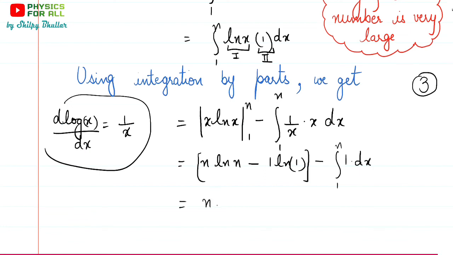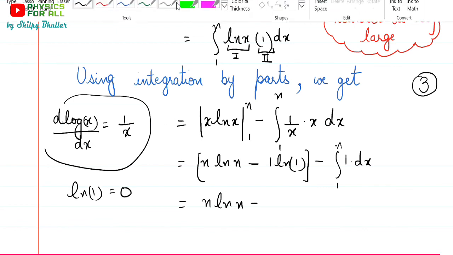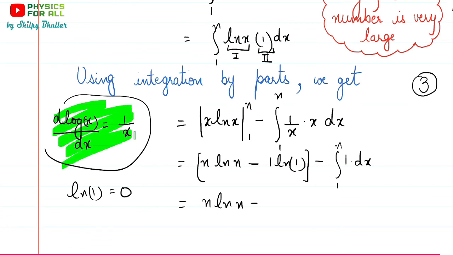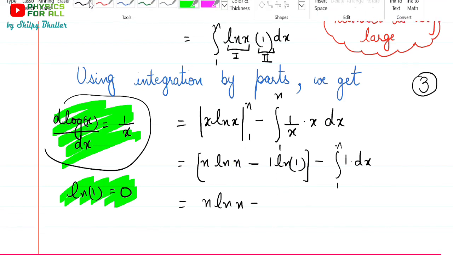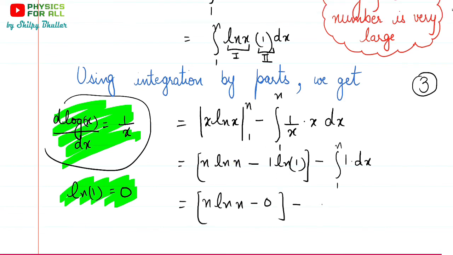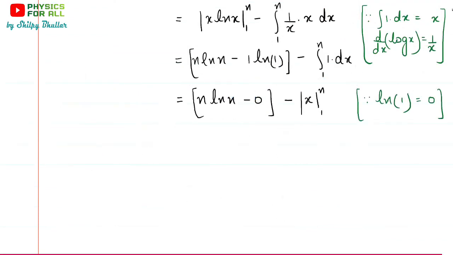So that would give me n ln n minus, now what is this? ln of 1 is 0. These are the formulas that we are using. Ln of 1 is 0, so this term would be 0 now. Since natural log of 1 is 0, we are left with n ln n here. And then again we have to substitute the limits in this case, so that would be n minus 1.